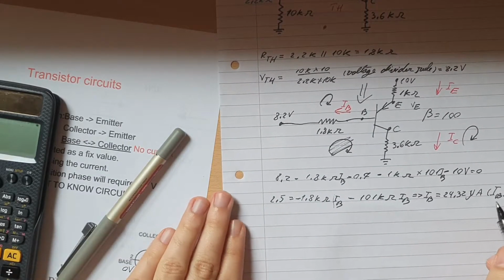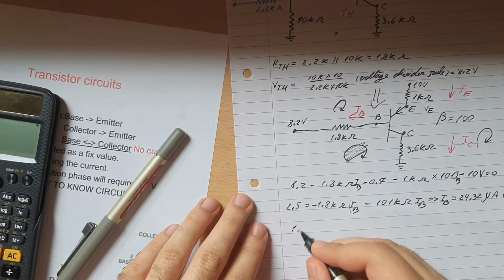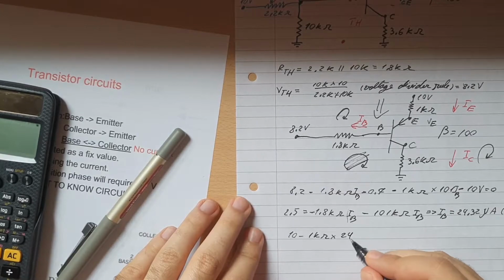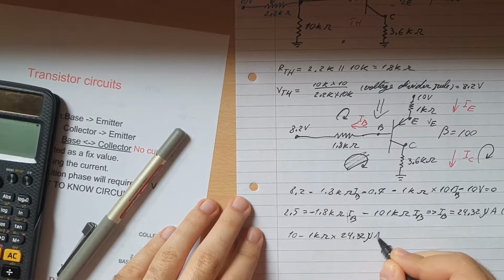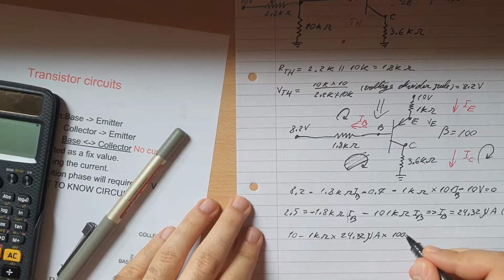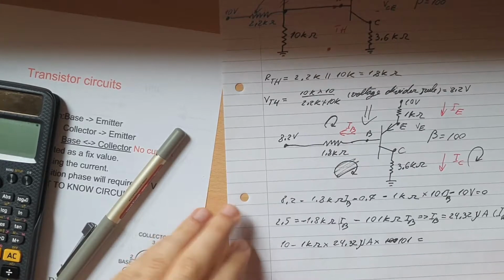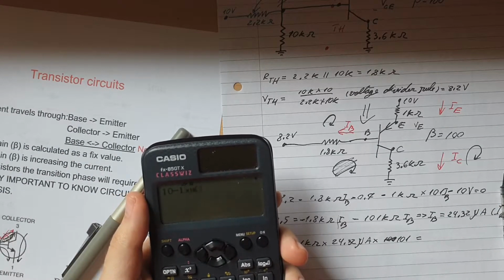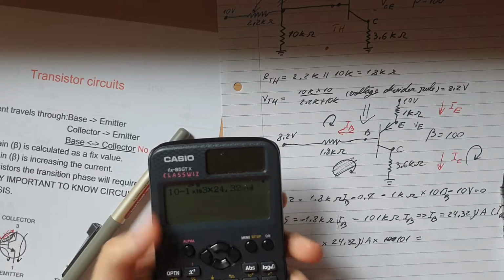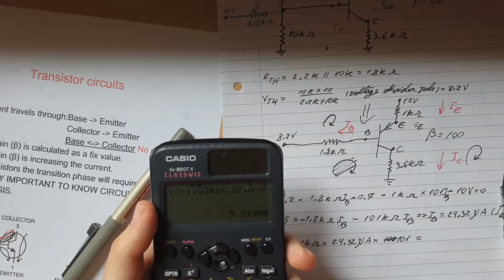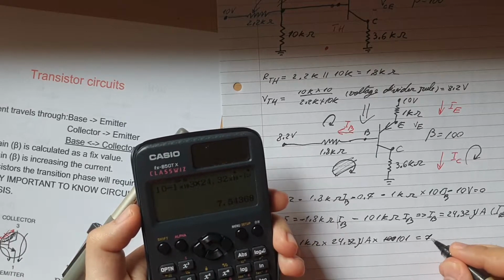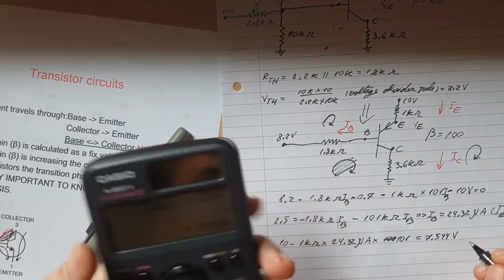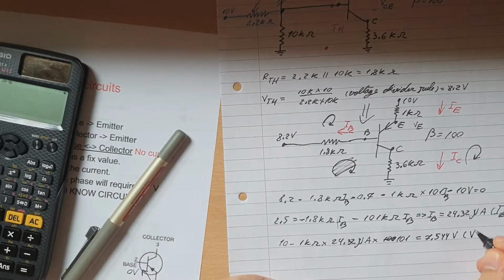So that would be 10 minus 1k ohms times 24.32 microamps multiplied by 101, and that will be equal to 10 minus 1k times 24.32 times 10 to the minus 6 times 101, which is 7.544, I guess, volts. So that's the value for VE.